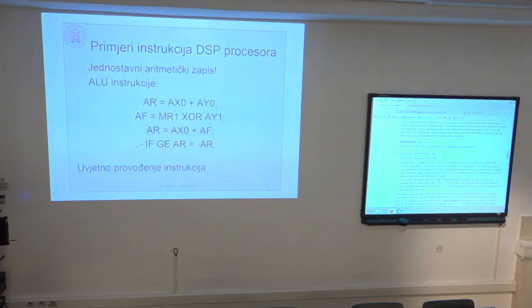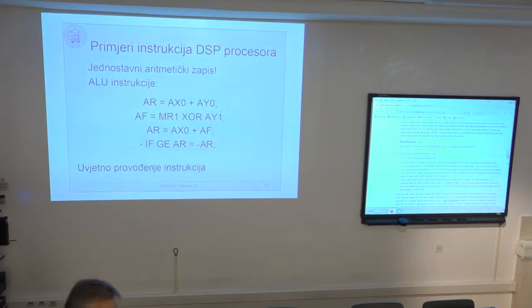Okay, and then examples of instructions. Do I have examples here? Okay, examples. The idea is that the assembly is written in algebraic form. So it is not typical as for other processors where you have this mnemonic, for example, add whatever, AX0, comma, AY1.